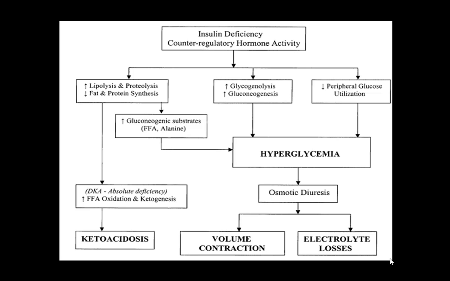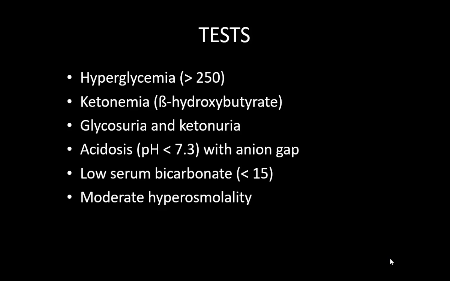All these contribute to hyperglycemia, and because of the free fatty acid substrates for gluconeogenic activity, this gives rise to free fatty acid oxidation, which becomes converted to ketones, so ketogenesis happens, and what we see is acidosis. So we have ketones as the reason for acidosis. Now hyperglycemia induces osmotic diuresis, and so the patients present with volume contraction and associated electrolyte losses.